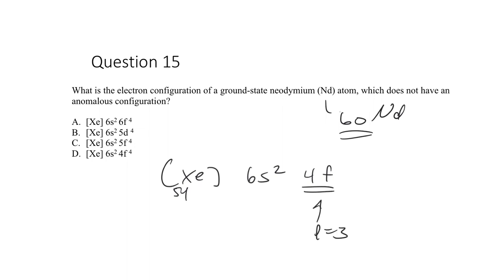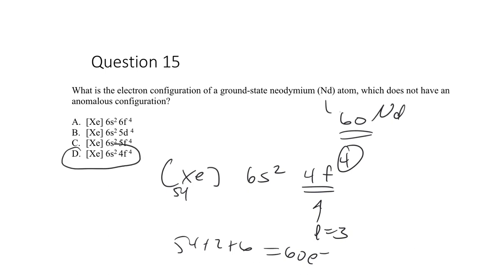So that's our 4f subshell, and we're going to have 4 electrons in that subshell. So if I take 54 plus 2 plus 4, that gives me 60 total electrons. If I count across from after barium, neodymium is the 4th element past barium. So 4 electrons into the 4f subshell. So it should be 6s2, 4f4. All right, that completes this activity.